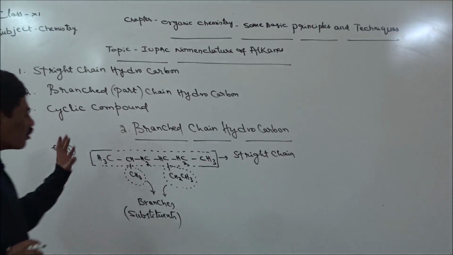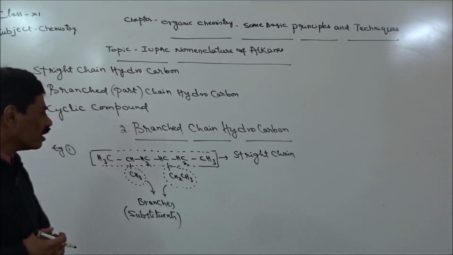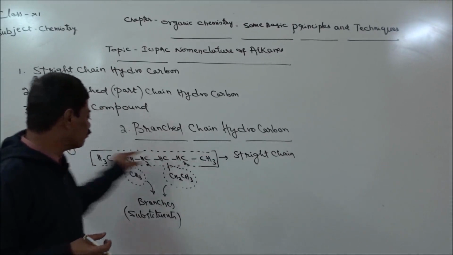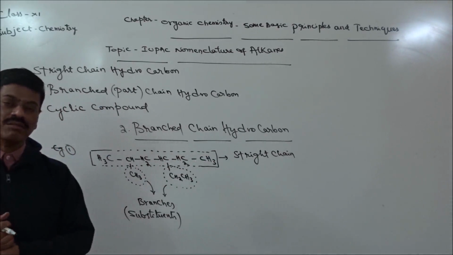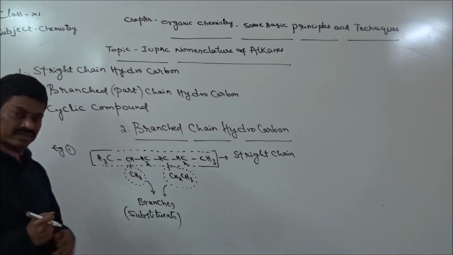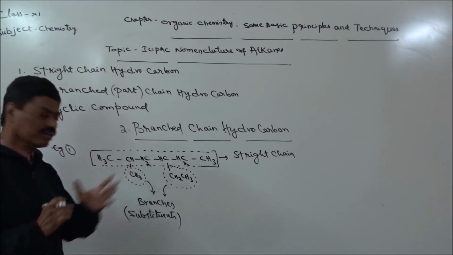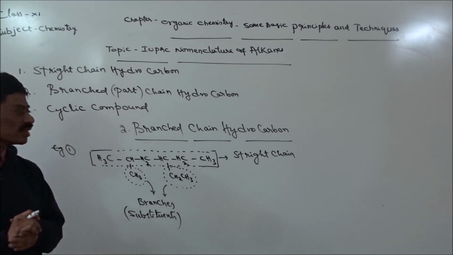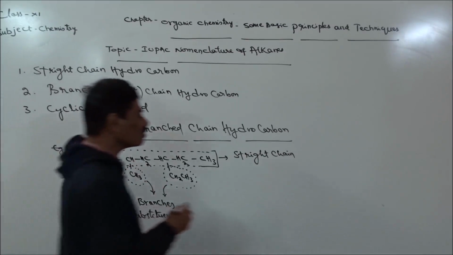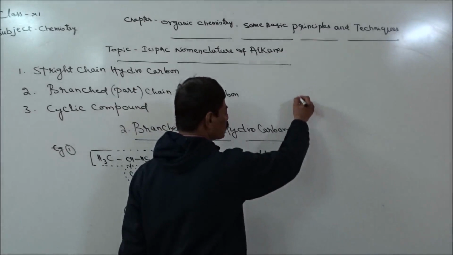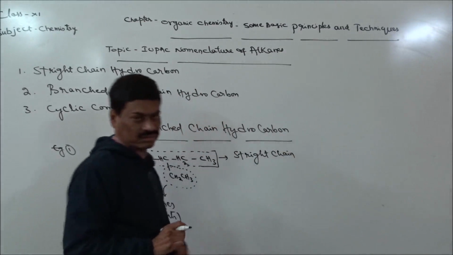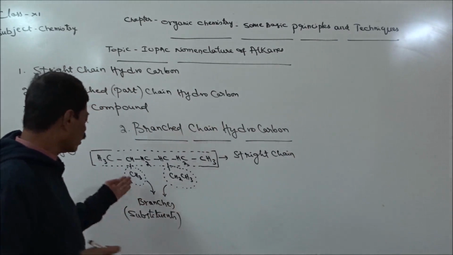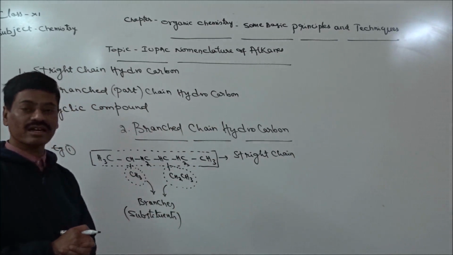So in this compound we have two parts. One is the straight chain. Number two, substituents, that is methyl and ethyl. Two substituents.